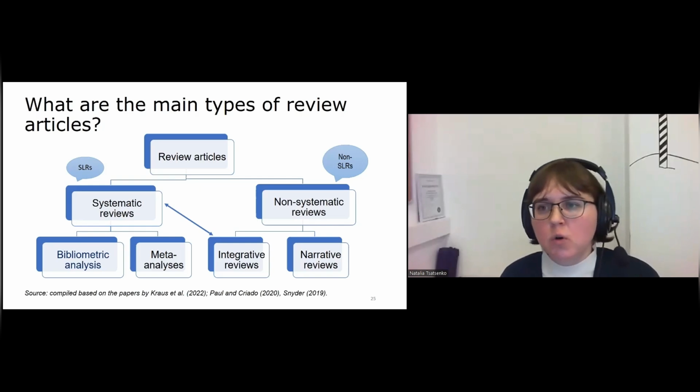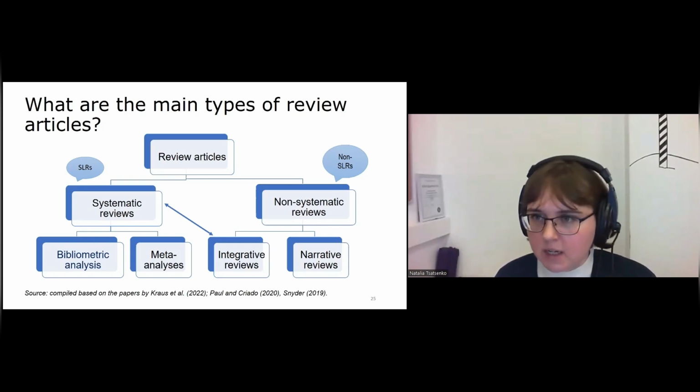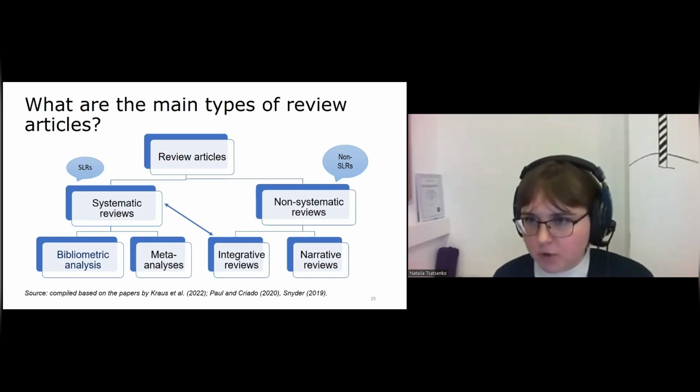Systematic reviews received a big push from computer science, I must say. And these have subtypes such as bibliometric analysis and meta-analysis. If we talk about non-systematic reviews, the two main types are narrative reviews and integrative reviews.